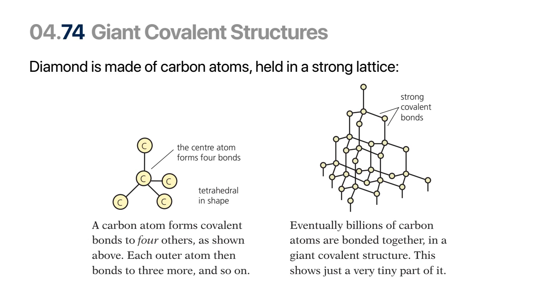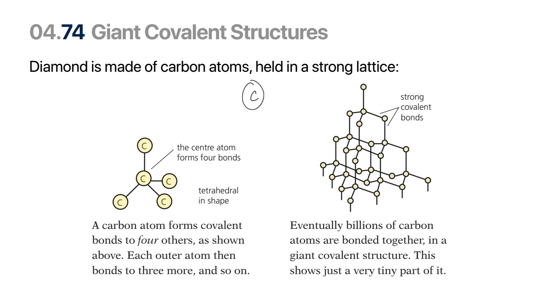Now, diamond, some of you know, is just carbon. Carbon atoms. C for carbon, right? Now, carbon can make up to 4 bonds, and that's what it does. It makes 4 covalent bonds to each other. So this carbon makes 4 different bonds with carbons all around, and each of these carbons will make 4 different bonds.